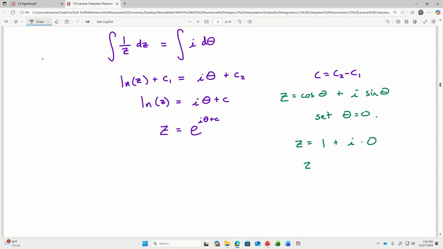So z needs to be equal to 1 when theta is equal to 0. Obviously, I times 0 is just 0, so this needs to be equal to 1, right? So what does my little lowercase c need to be equal to? 0. Yeah.